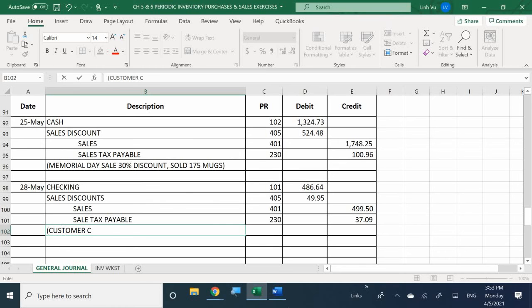Customer C sold 50 black mugs. Customer C bought 50 black mugs. Or you could say bought or sold 50 black mugs, $9.99 at 10% discount.